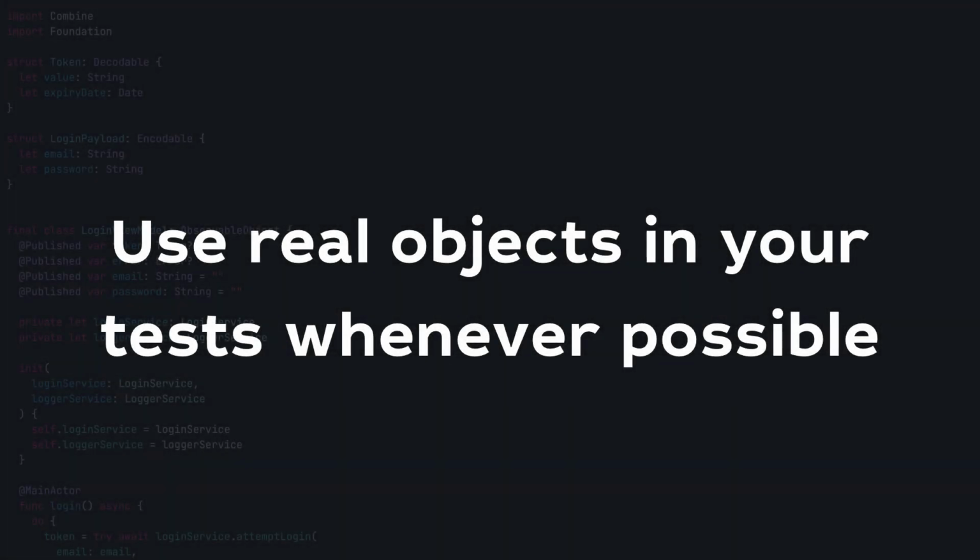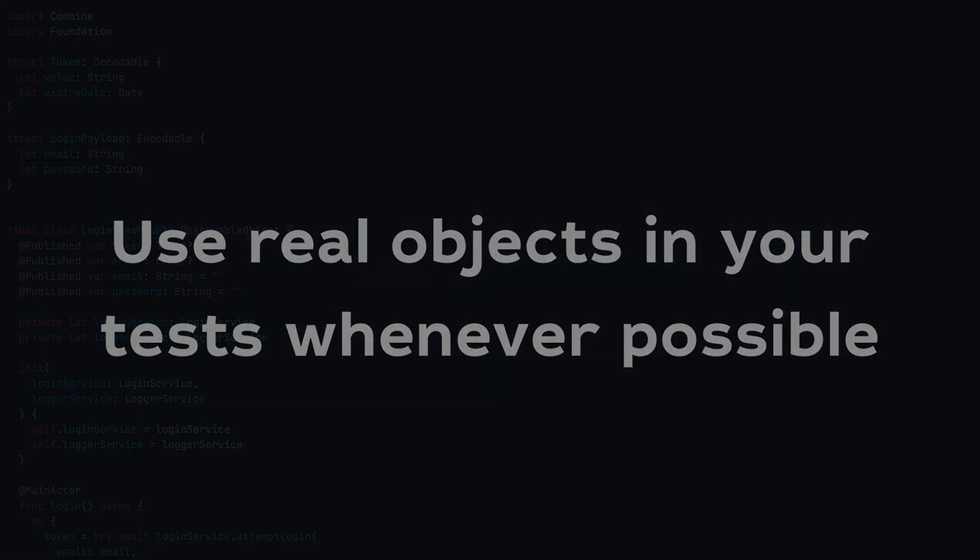My take is to use real objects in your tests whenever possible, and test doubles should only be used where there is no other option, like we did in our view model, where we don't want to hit the real implementation of a network service.